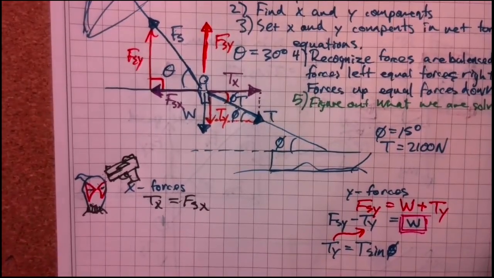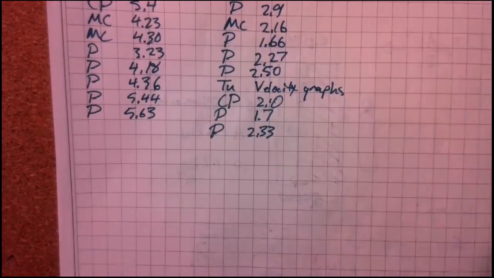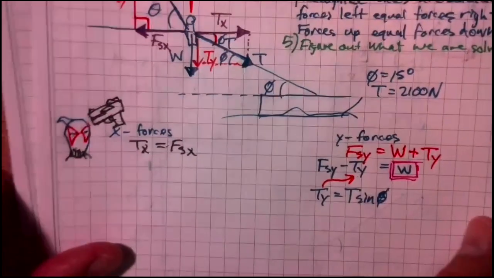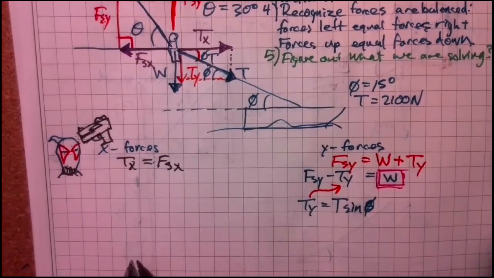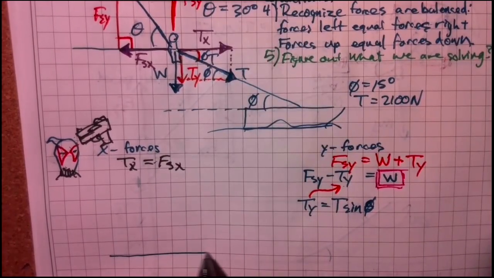Let me show you what I mean. I want to try and prove this to you. Those angles are the same because, let's say down here I'm going to make a new drawing.